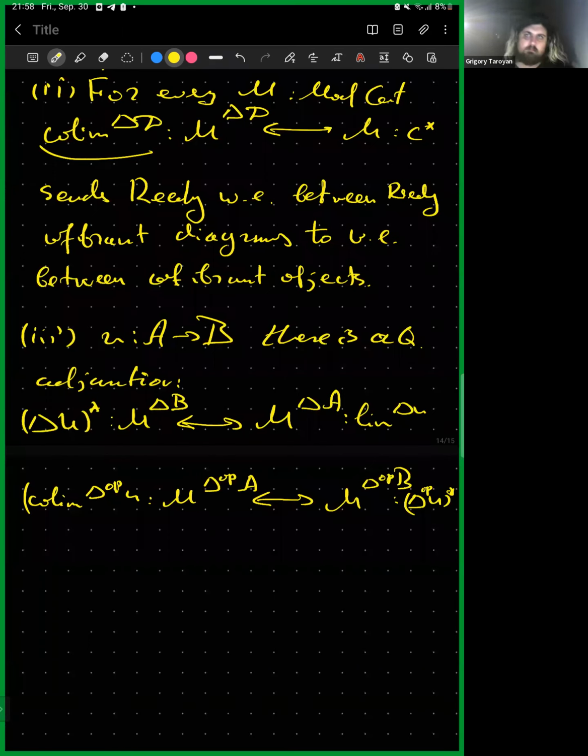So this result about sending objectwise weak equivalences between objectwise cofibrant diagrams to weak equivalences between cofibrant objects can be generalized using something known as projection functors.